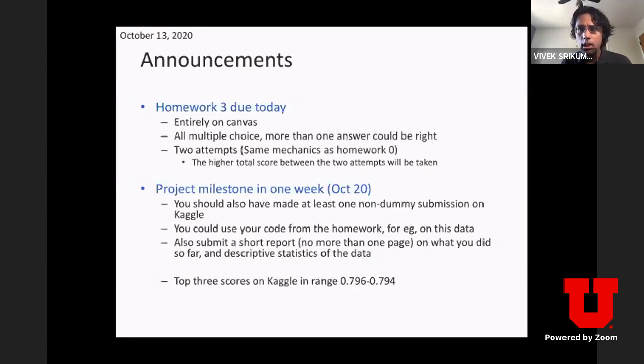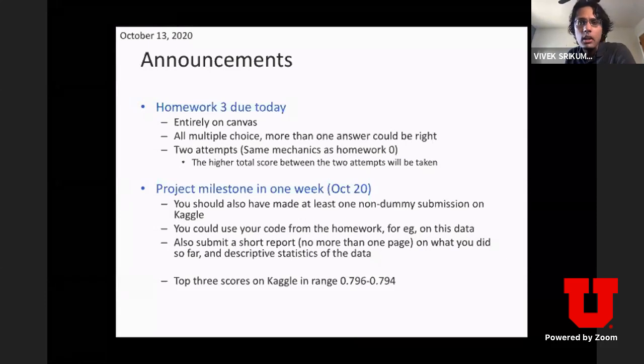There's one. What do I mean by descriptive statistics of the data? Basically, it's anything that you can use to characterize the data. There's nothing specific here. I mean, you can choose not to do anything, but usually when you're given a new data set, rather than throwing algorithms at it upfront, you need to look at the data and get a sense of what the data looks like.